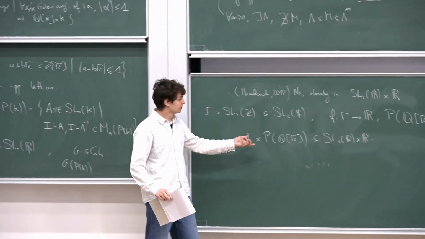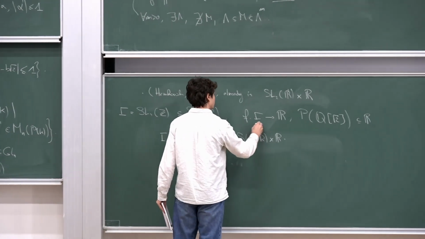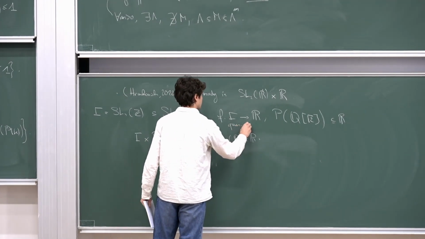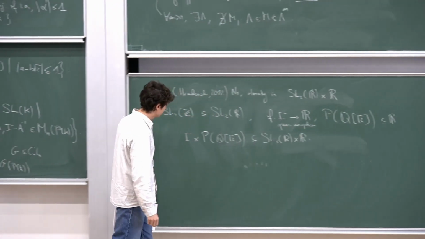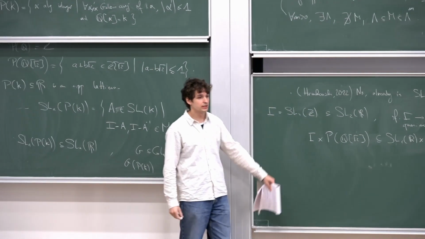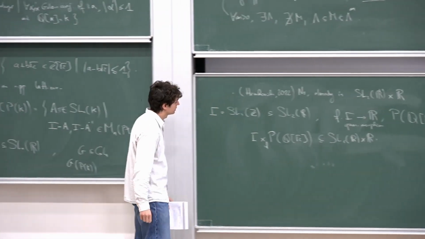So the thing you want to do is, I introduce this quasimorphism, and I will use it to sort of skew this product. So maybe you can write it something like that.